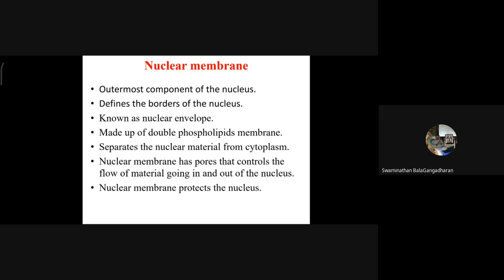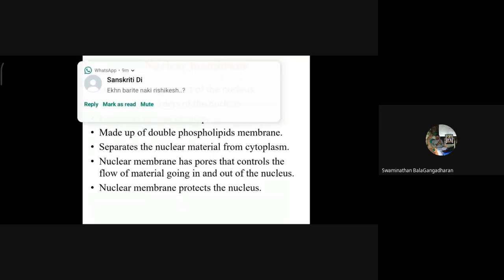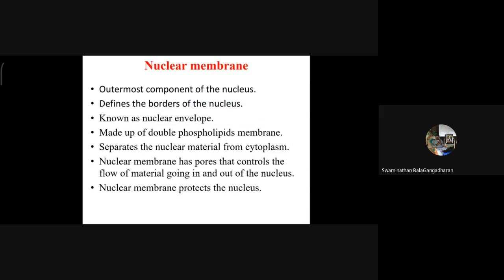The nuclear membrane has pores that control the flow of material going in and out of the nucleus. Just like the cell membrane, which we studied earlier, allows only some particular materials in and out of the cell, so it is known as semi-permeable.